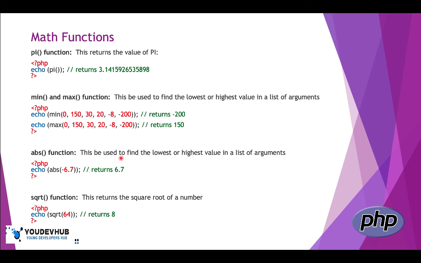The abs function returns the absolute value of a number. The square root returns the square root of a number. If you have the square root of 64, it's going to return 8. You can go ahead and practice this together.